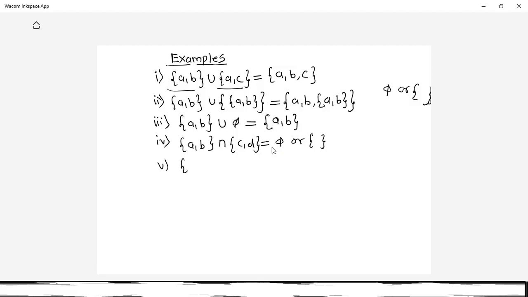Next, {A, B} intersection phi. What is the common element between {A, B} and the empty set? There is no common element, so I can write the empty set.